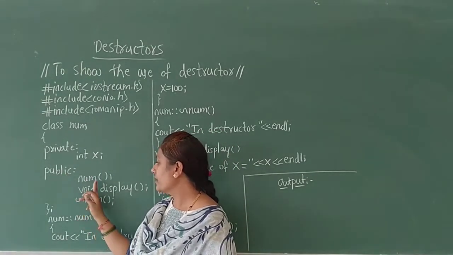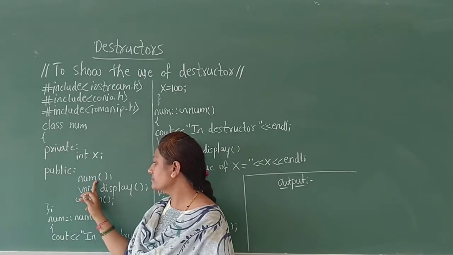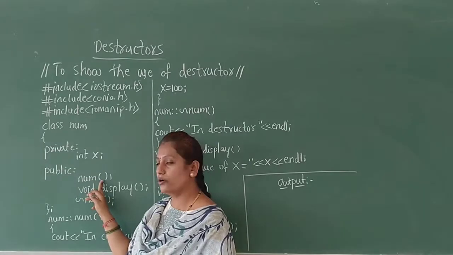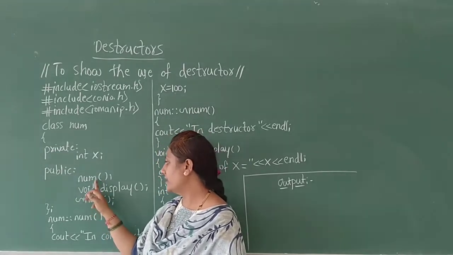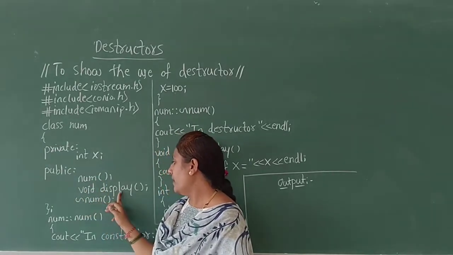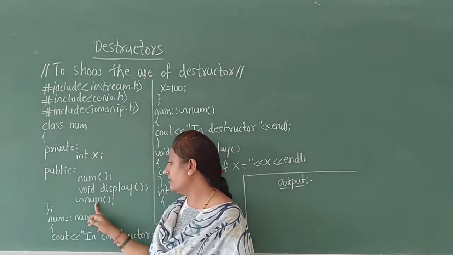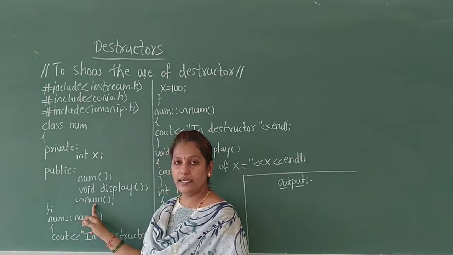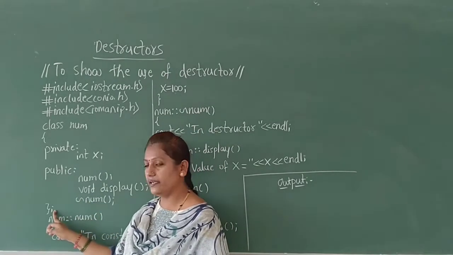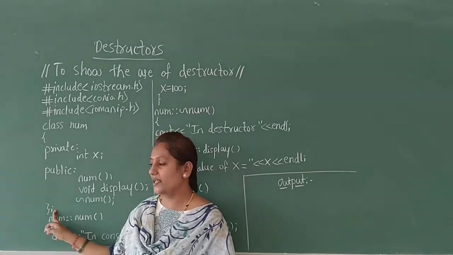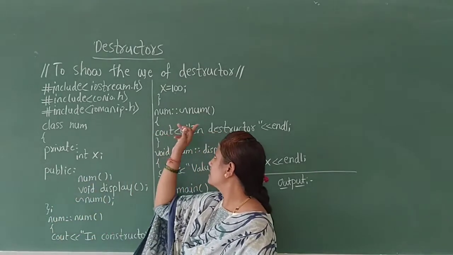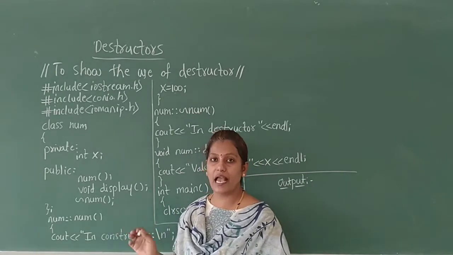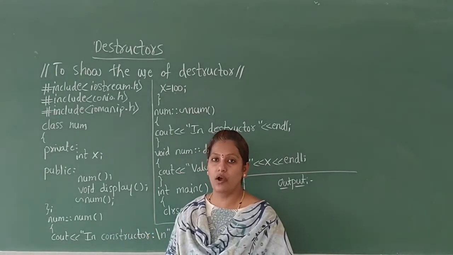In the public section, one constructor is declared, called a default constructor because no arguments are passed to it. Next, the member function display is declared, and the destructor ~num, preceded by the tilde, is declared, and the class is terminated by the semicolon. The constructor, display member function, and destructor are defined outside the class using the scope resolution operator.